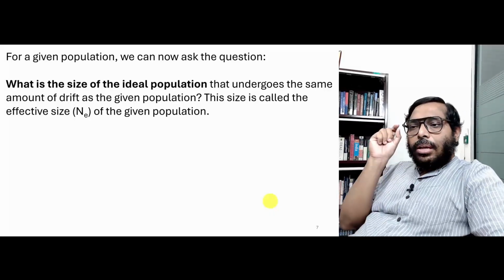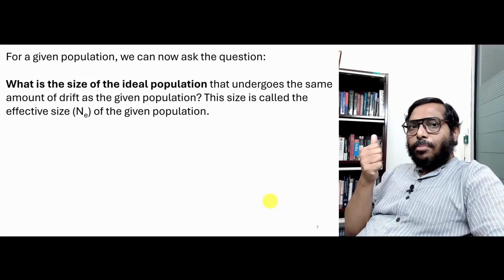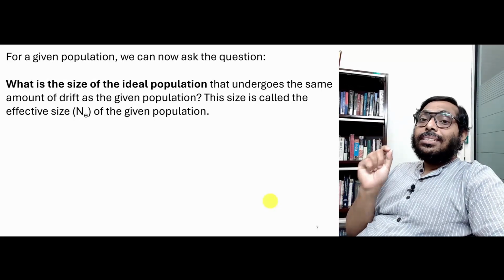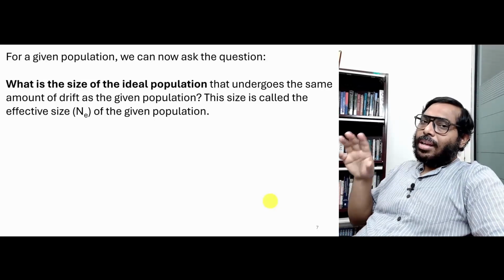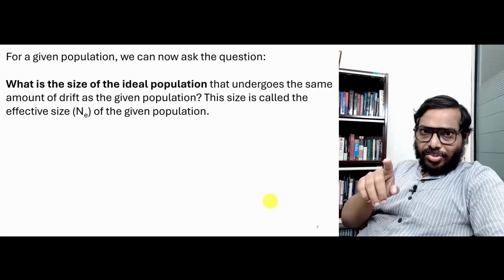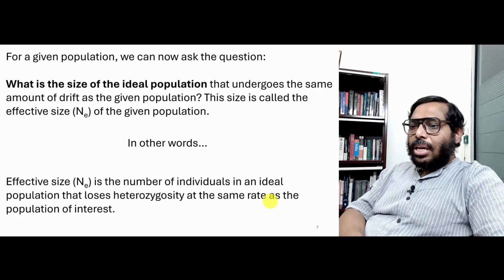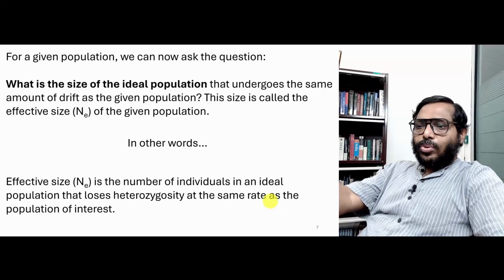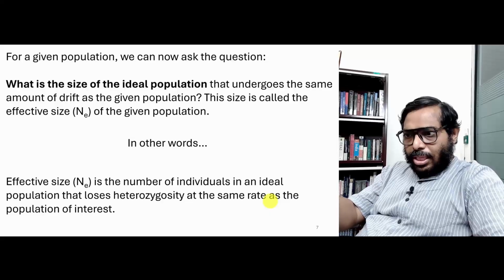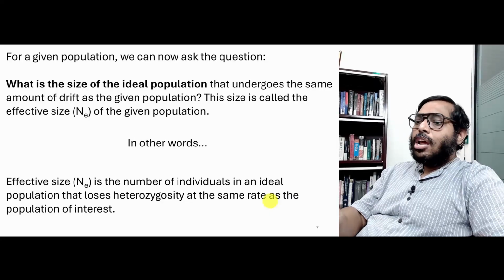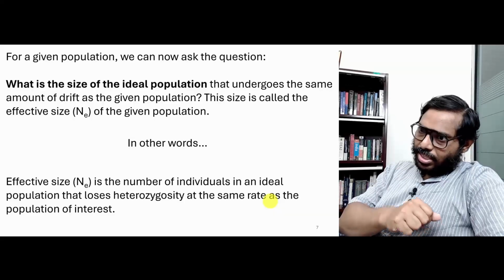This size of the ideal population which undergoes the same amount of drift as my population of interest is known as the effective size of the given population. Very important: the effective size is a theoretical construct. It is the number of individuals in an ideal population that is undergoing the same amount of drift, and in this particular case we are going to say it is losing heterozygosity at the same rate as the population of my interest.